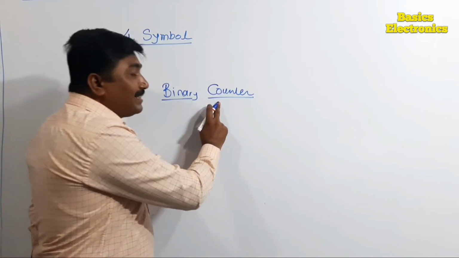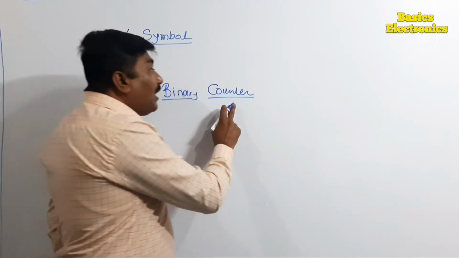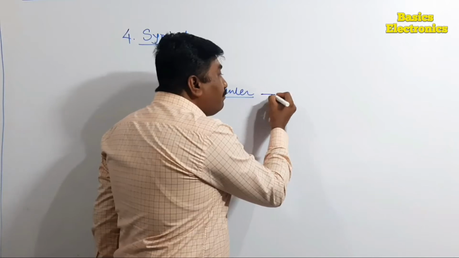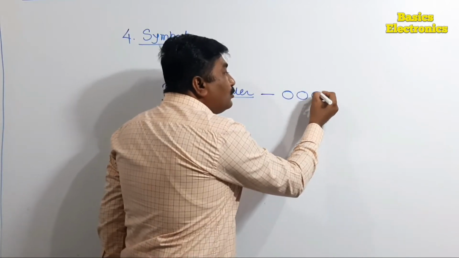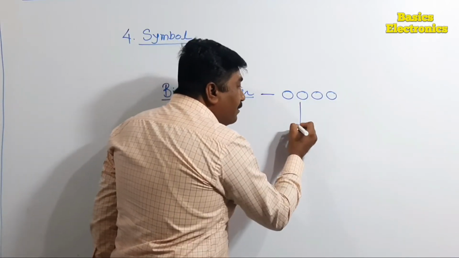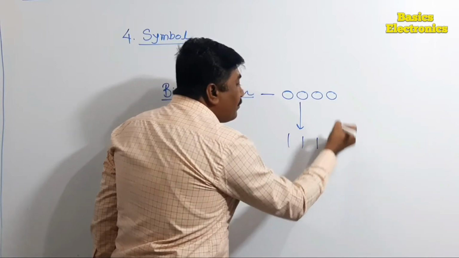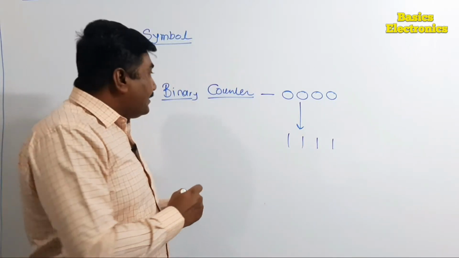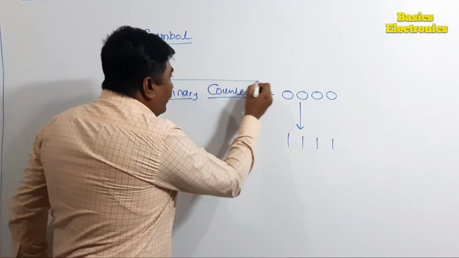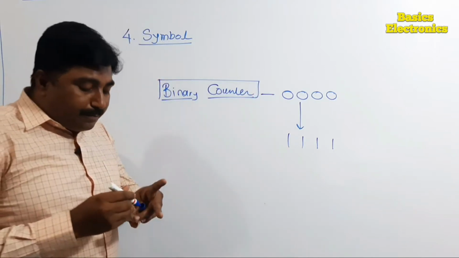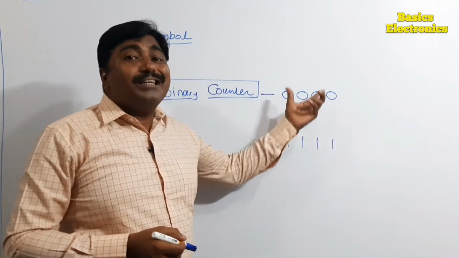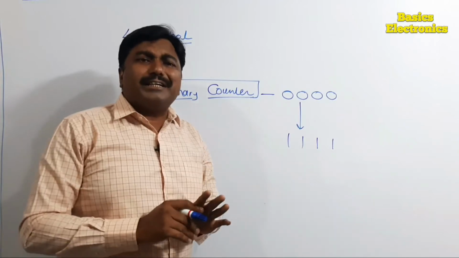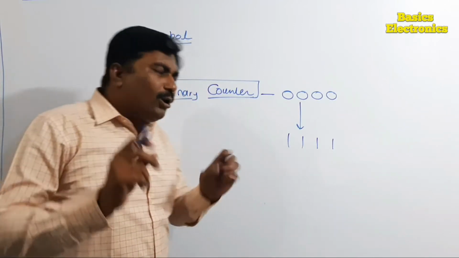So this is a counter which counts in binary 4-bit from 0000 up to the maximum of 1111. Okay, this is the binary counter. Its function is to count the number of pulses.